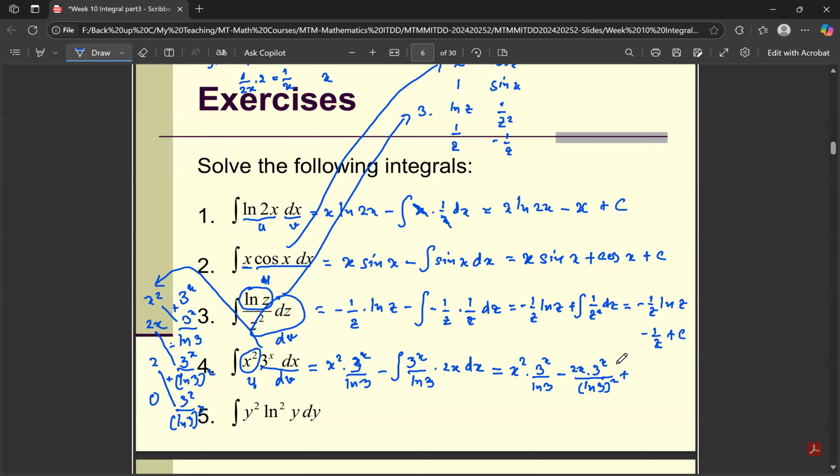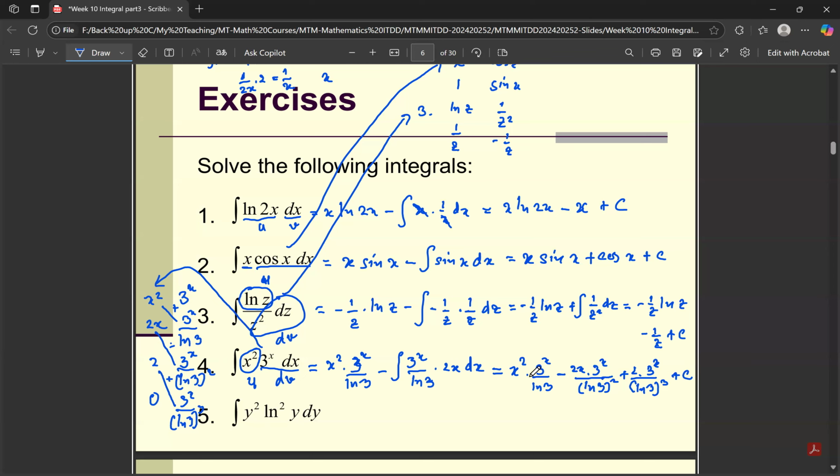The third component we have 2 times 3^x divided by ln 3 cubed, and the last must be added by c.